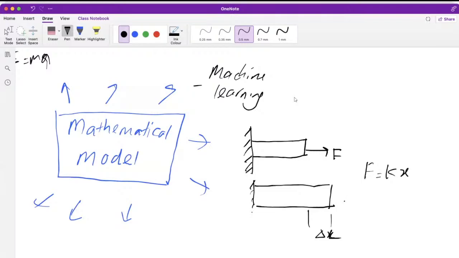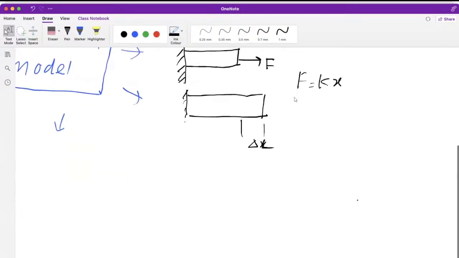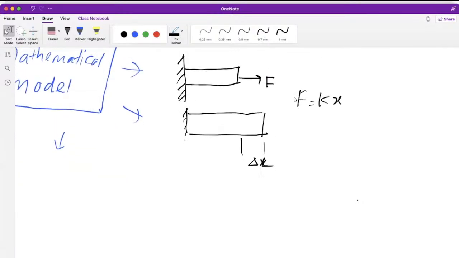This is a part of this modeling too. But if you look at this problem, by using this model, you can only describe what the elongation is. You cannot really tell how this thing is displaced.